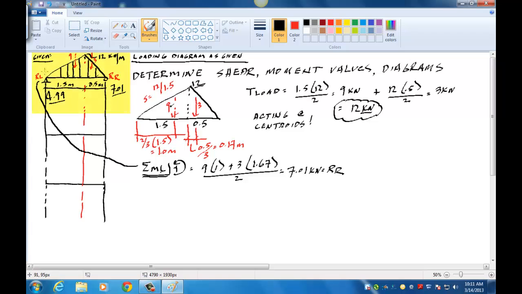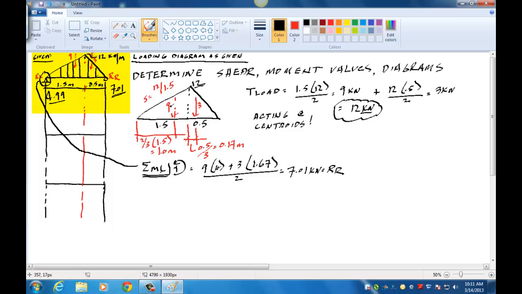Then what we do, as we've done in the past, is sum the moments about the left side to determine that the reaction on the right side is 7.01. Notice the 9 and the 3 act at centroids. Recalling from statics, the centroid of this side is 2/3 of 1.5, which is 1 meter.